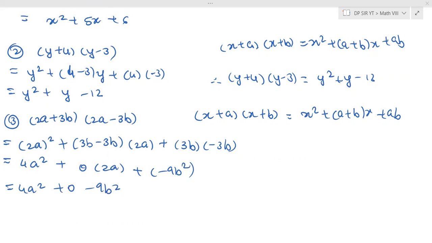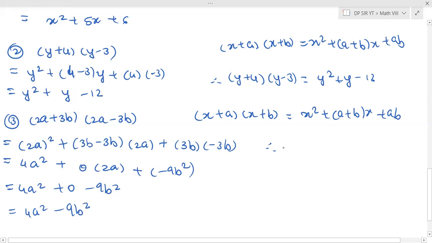So this is what I am getting, 4a square minus 9b square, and therefore 2a plus 3b and 2a minus 3b is equal to 4a square minus 9b square.